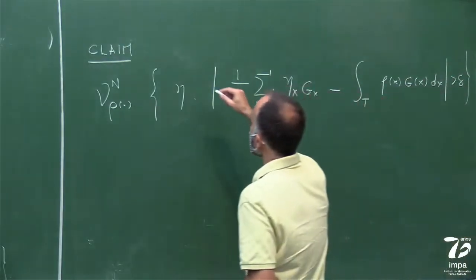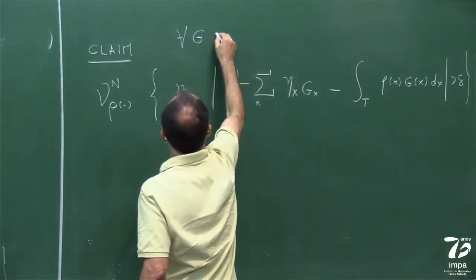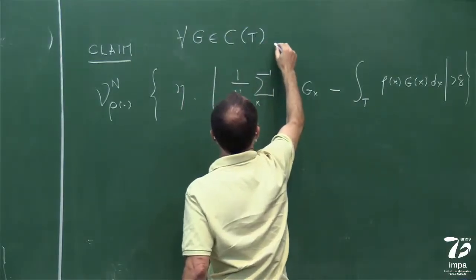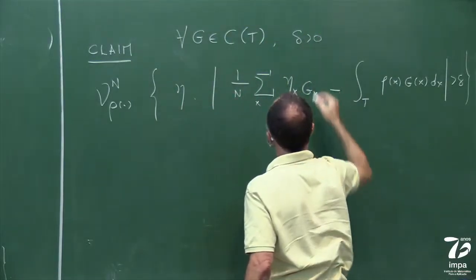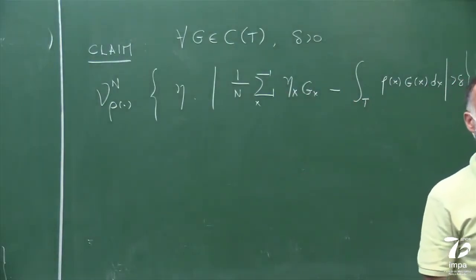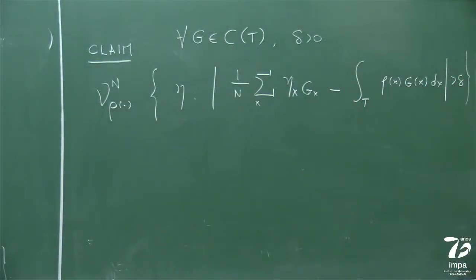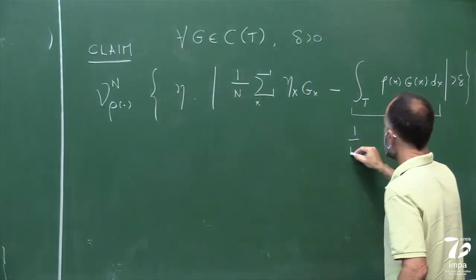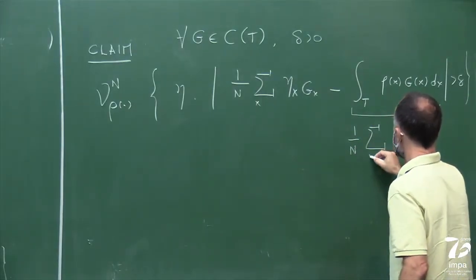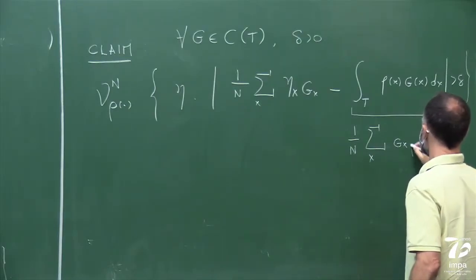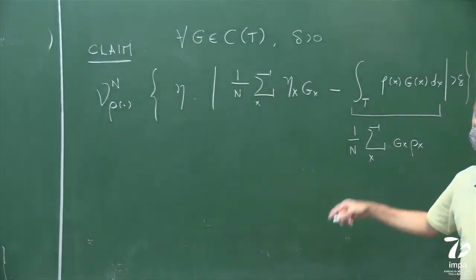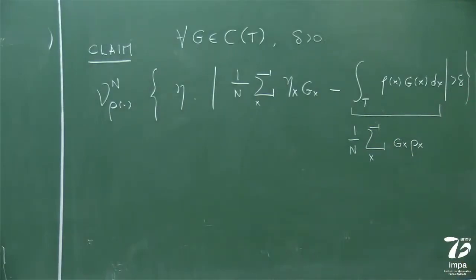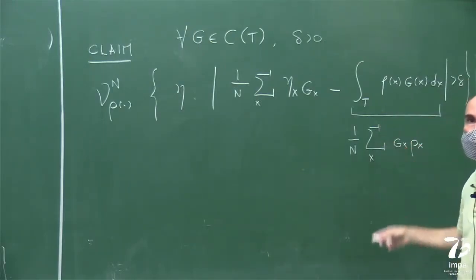So this is for all g, continuous function defined on the torus, and δ positive. So fix g and δ. And the first thing I claim is that I can replace this integral by the Riemann sum. If I replace the integral by the Riemann sum, the Riemann sum is converging to the integral because these functions are continuous.